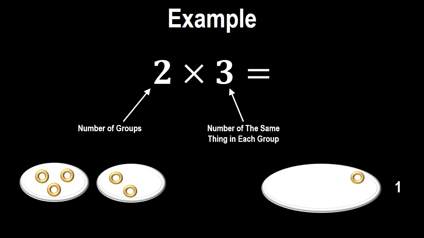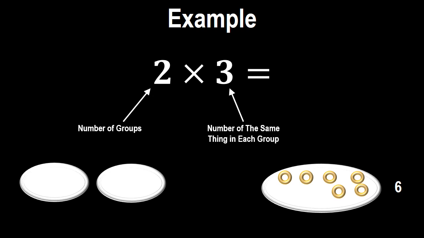1, 2, 3, 4, 5, and 6. So the collection of donuts that we formed, we have a total of 6 donuts in that collection.